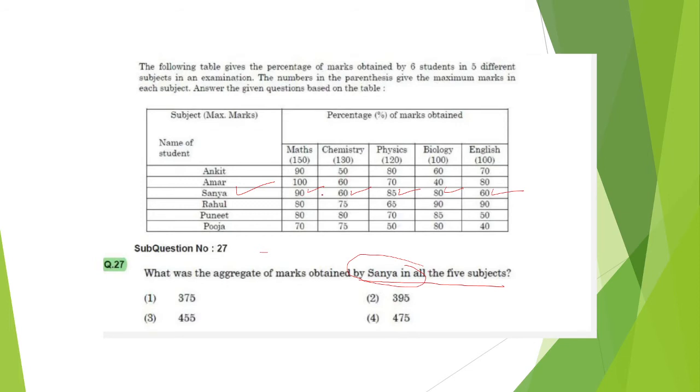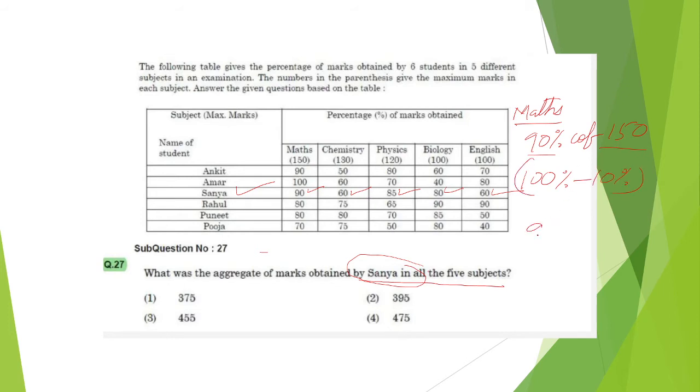Okay. First maths. In maths, how much percentage did Sanya get? 90 percentage of 150. That means how to do 90 percentage of 150? 100 percentage minus 10 percentage. It is very easy, right?